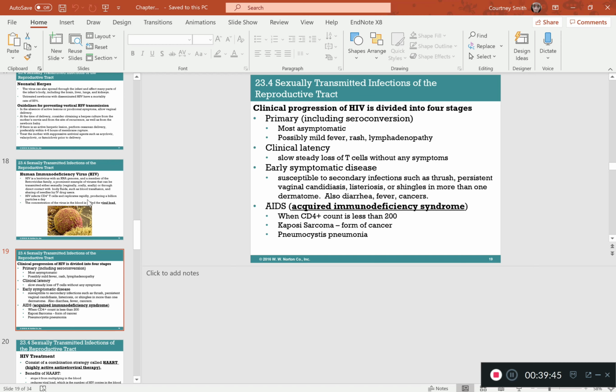And then once the patient is in the AIDS stage of HIV infection, like I said, their CD4 count is lower than 200, and a lot of times these patients will acquire pneumonia, and unfortunately a lot of times pneumonia is what will kill these patients.